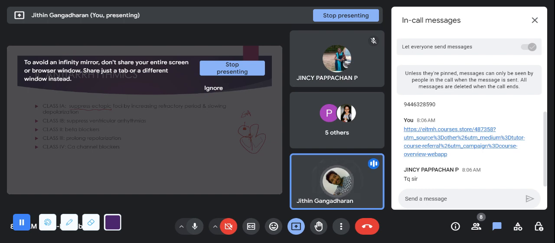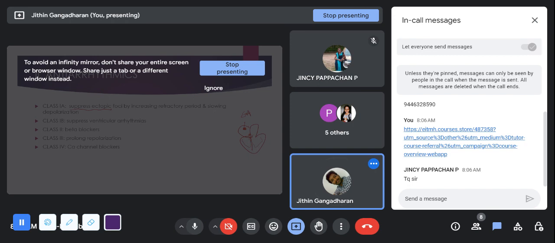Then the second one is class 1B drugs. Class 1B drugs suppress the ventricular arrhythmias. So class 1B drugs mainly focus on the ventricular arrhythmias. How do they act on them? They decrease the automaticity and increase the ventricular electrical stimulation threshold.